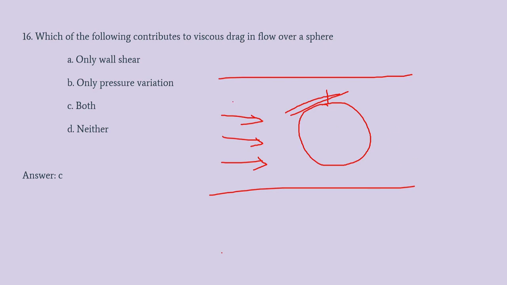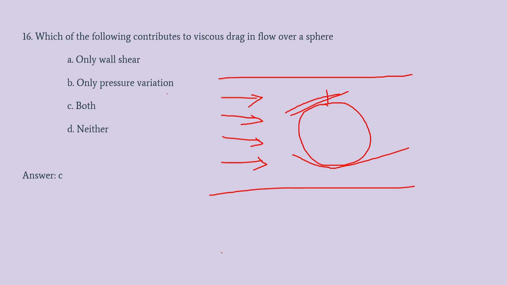The fluid flows, and the area is reduced because of the presence of the sphere. So either side of the sphere will act as some kind of convergent divergent nozzle, not exactly, but somewhat. It converges first, the area reduces, and then it enlarges.